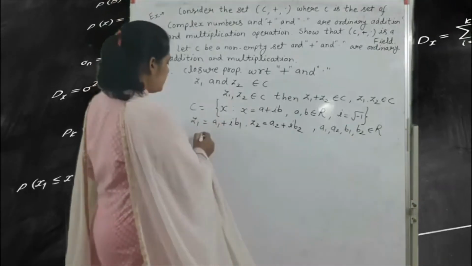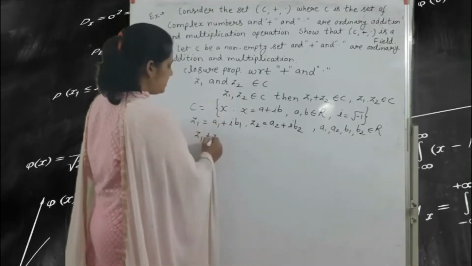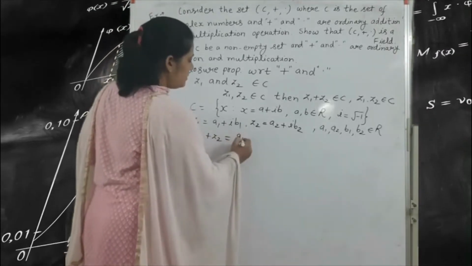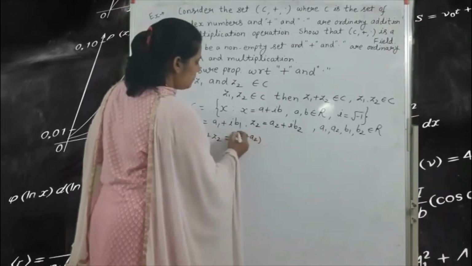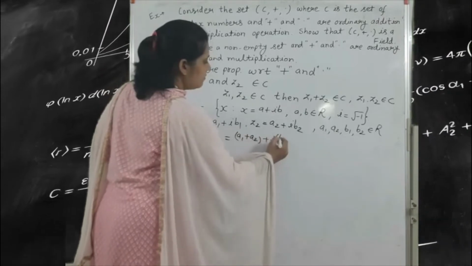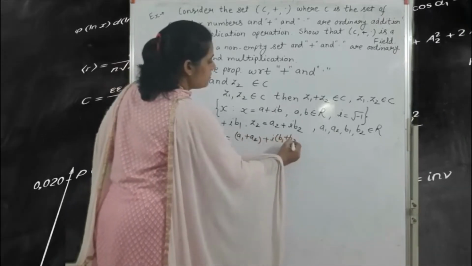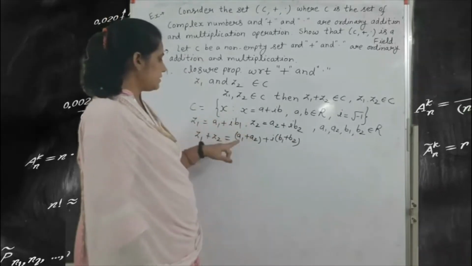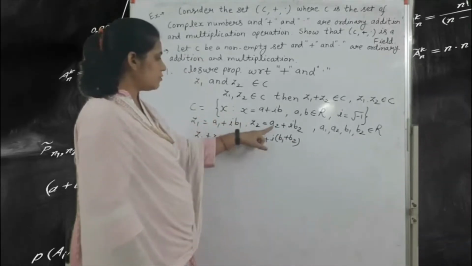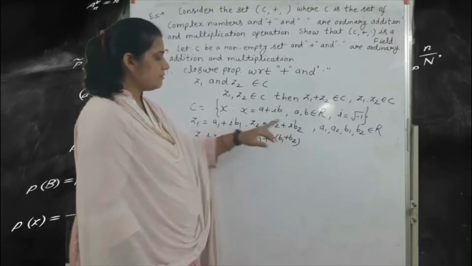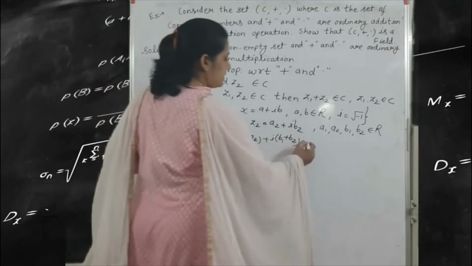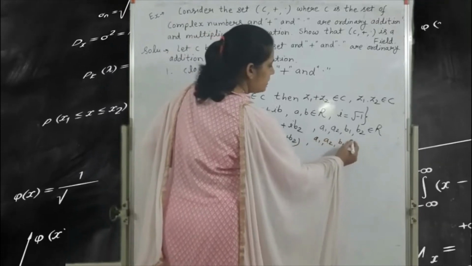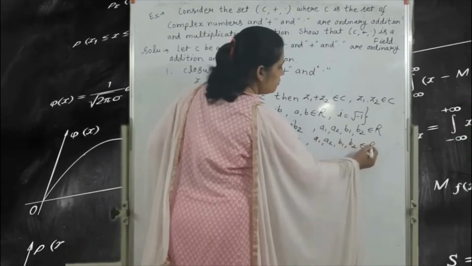So if we find Z1 plus Z2, that means (a1 plus a2) plus i(b1 plus b2). If we add these two terms, we get a1 plus a2 as the real part and i(b1 plus b2) as the imaginary part, where a1, a2, b1, b2 belong to R.